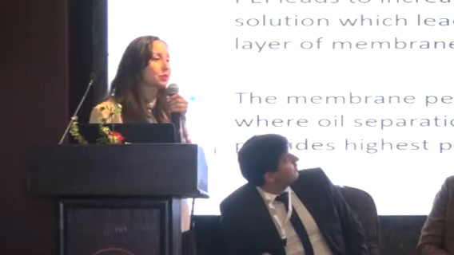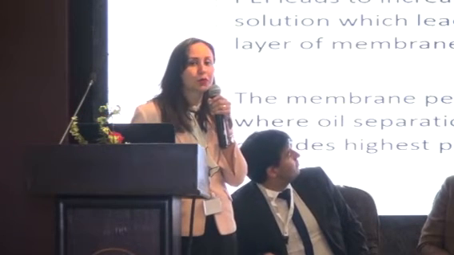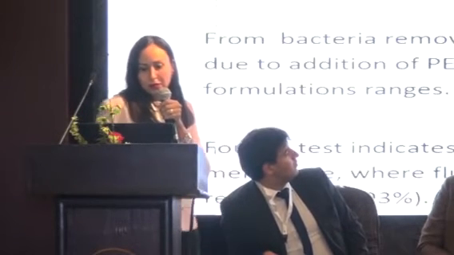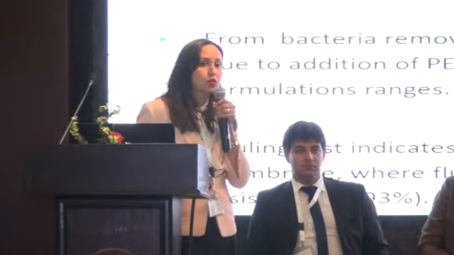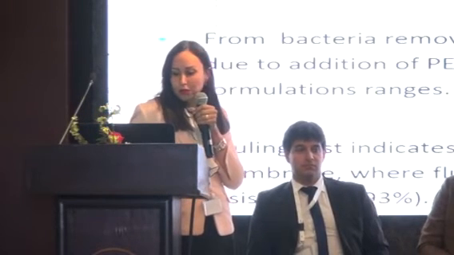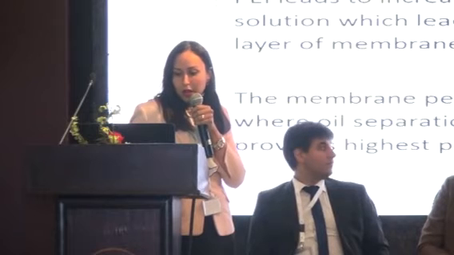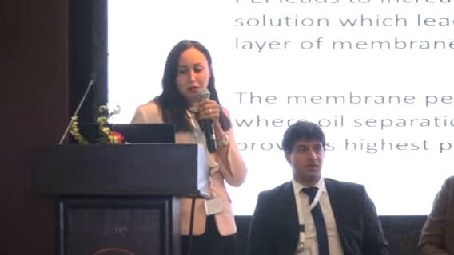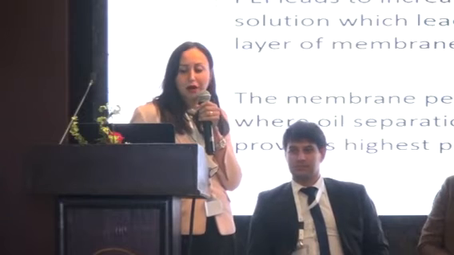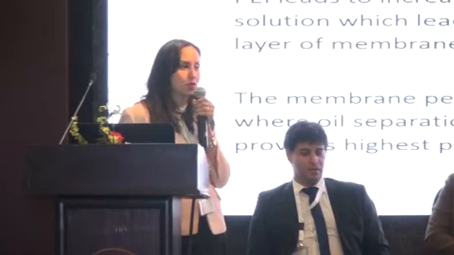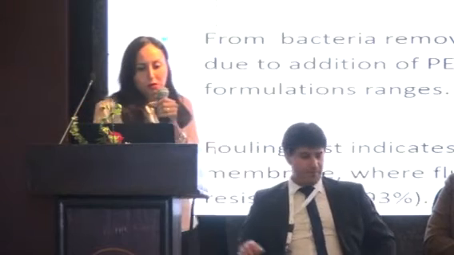And as I said, the best percentage for the PEI is 0.5 weight percent. We achieved from this stage up to 95% oil and water separation, and we can also get the highest permeate flux, which is 180 liters per square meter per hour.